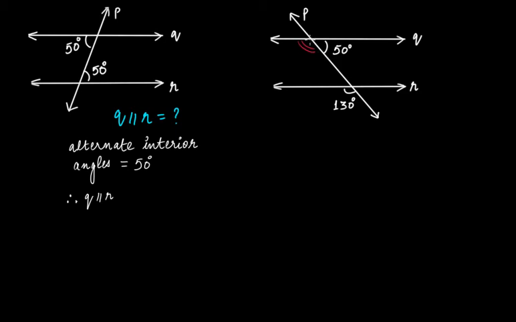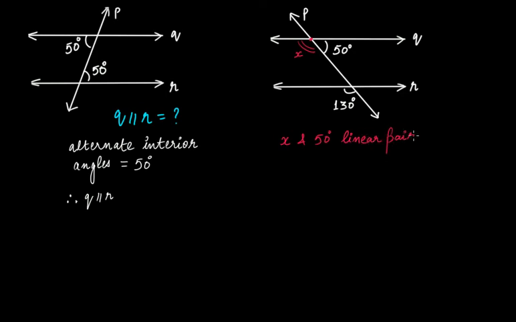If we look around this vertex, at this line and this line, you can clearly see that this 50 degrees and, let's say this is X, this X and 50 degrees are a linear pair, right?